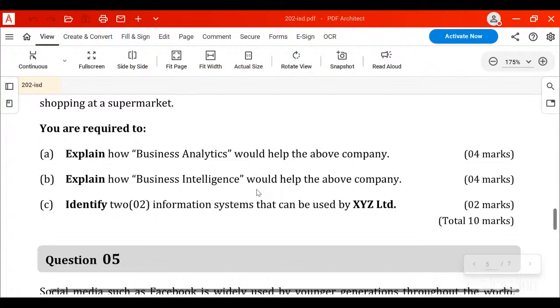BI systems aggregate and visualize data, for example through dashboards, for strategic insights such as identifying high performing districts and forecasting sales.